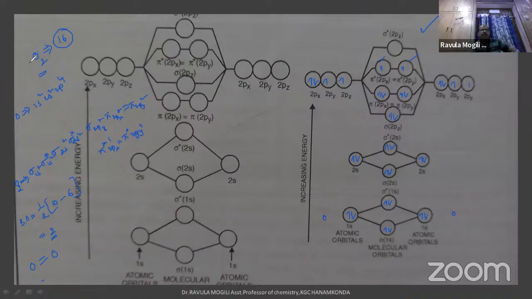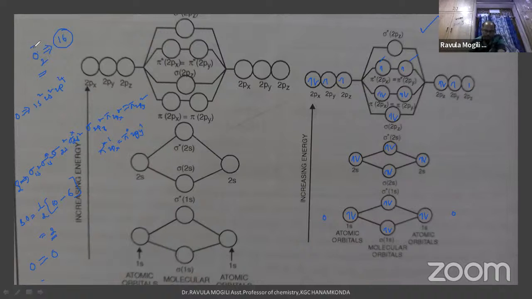Okay, sir, oxygen molecule. If it is O2 minus, it means one electron is in excess, so 2p5, sir. Okay, one electron excess, so how many electrons are here? 17, kada beta.